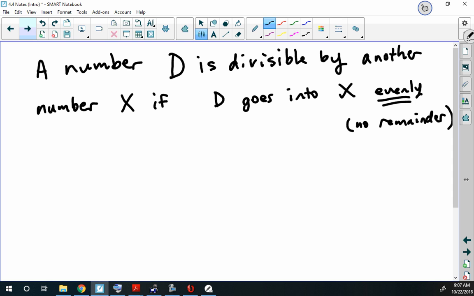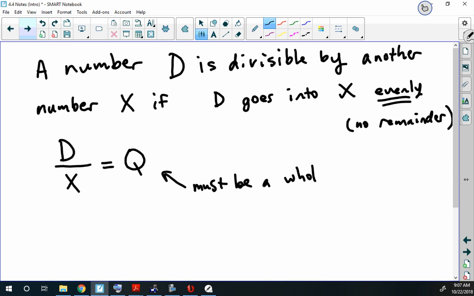That's kind of weird. So D divided by x is going to equal Q, and Q must be a whole number. So that's what it means for a number to be divisible by another number.